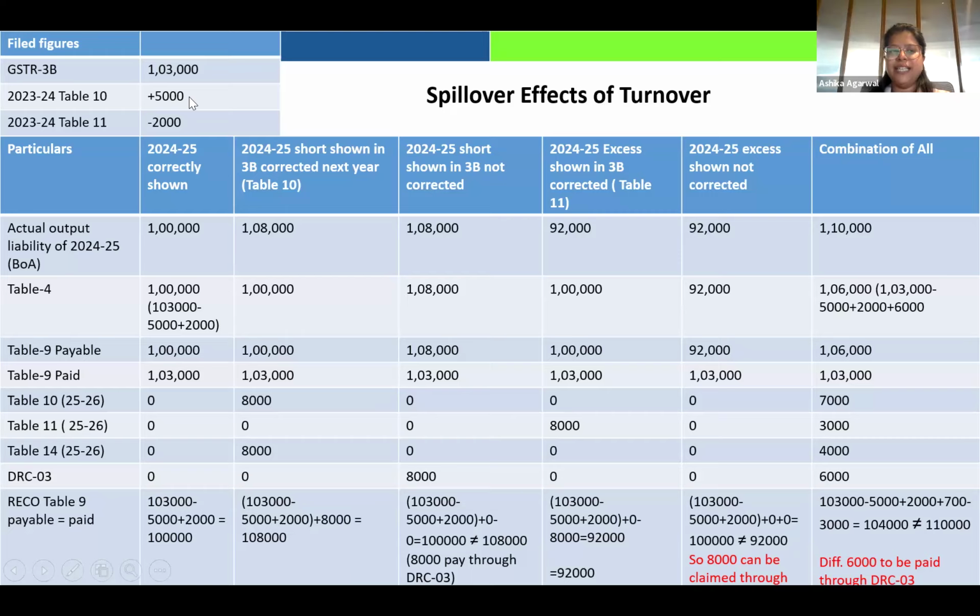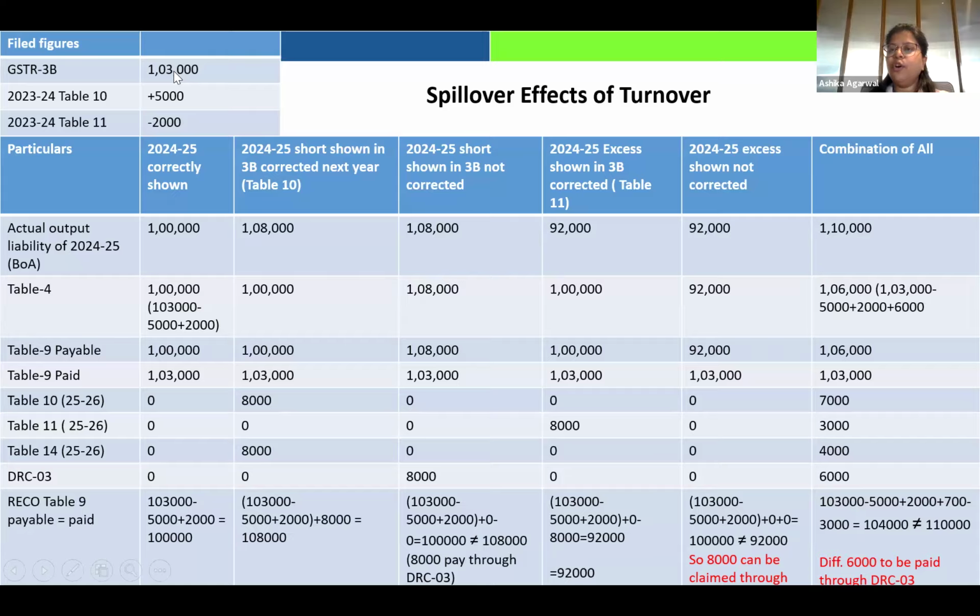We have shown table 10, 5K and table 11, 2K. So the net impact is that 3,000 tax of 23-24 has been paid in 24-25.